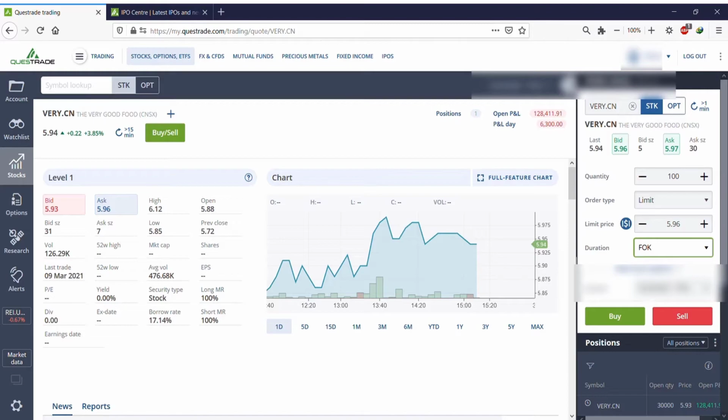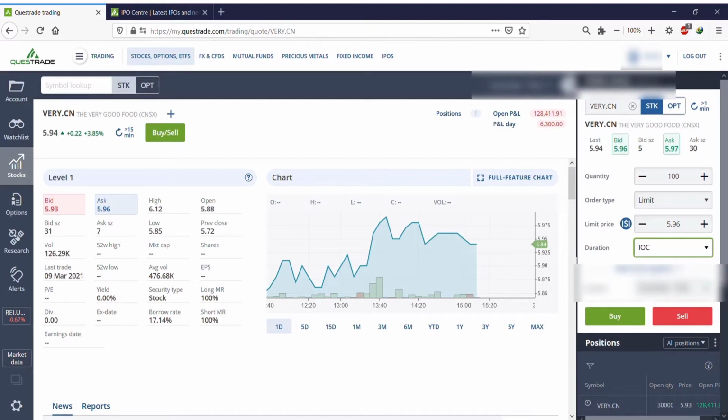Let's say I put IOC, immediate or cancel, and I ask Questrade to buy 100 shares for me at the price of $5.96. Questrade will buy whatever it can for you and then cancel. Let's say Questrade can only buy 20 stocks for you. It does it and then it will cancel immediately. So that's how it works.